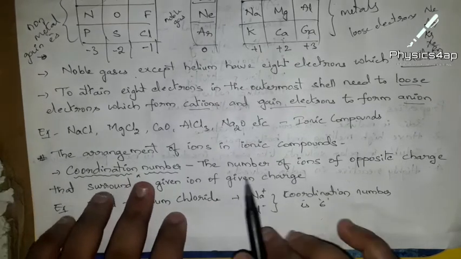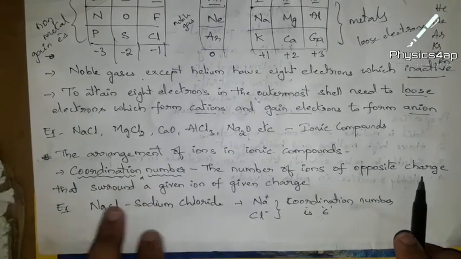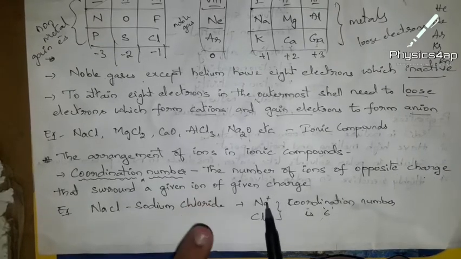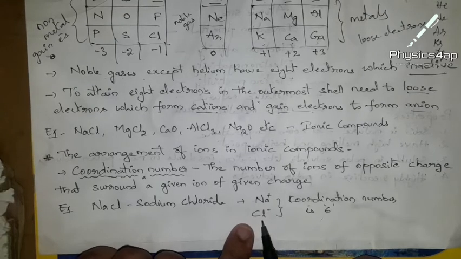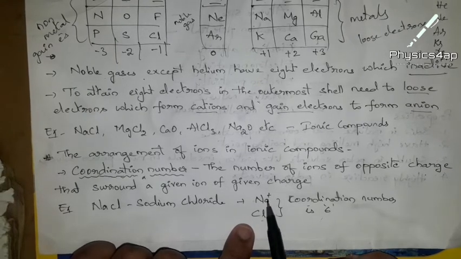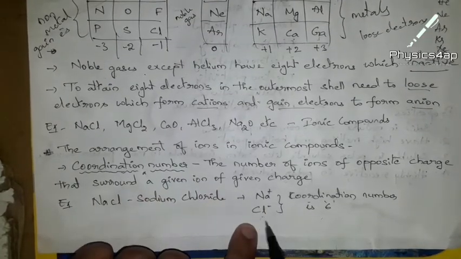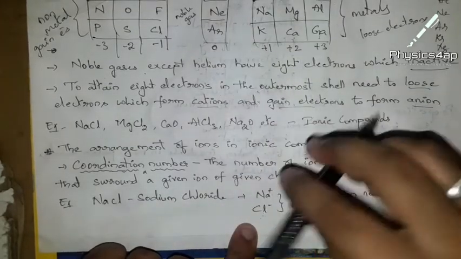The coordination number is the number of ions of opposite charge that surround a given ion of given charge. Na+ is surrounded with Cl-, at the same time Cl- is surrounded by Na+. Na+ is surrounded with 6 Cl- ions around it, left, right, up, down, at all the sides.